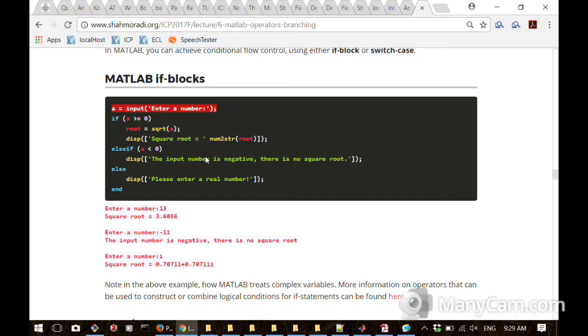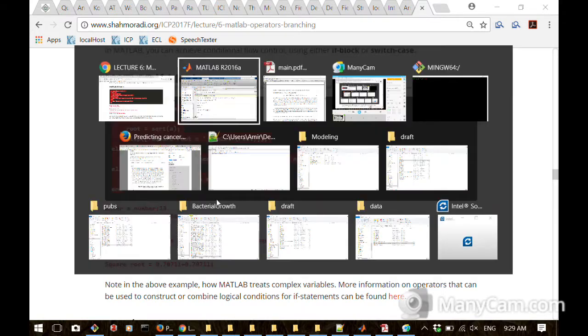Trying to make that statement appear. What number can I put in to get the statement? Oh, I see. To get the last one, you could put a string as input. Yeah, it gives you an error. Okay.